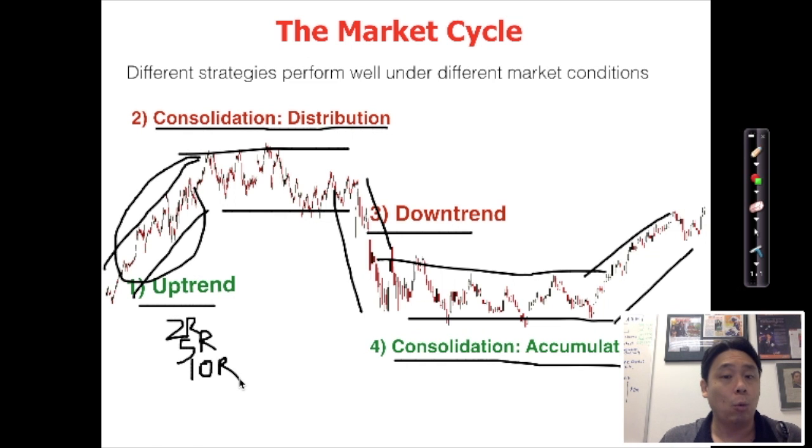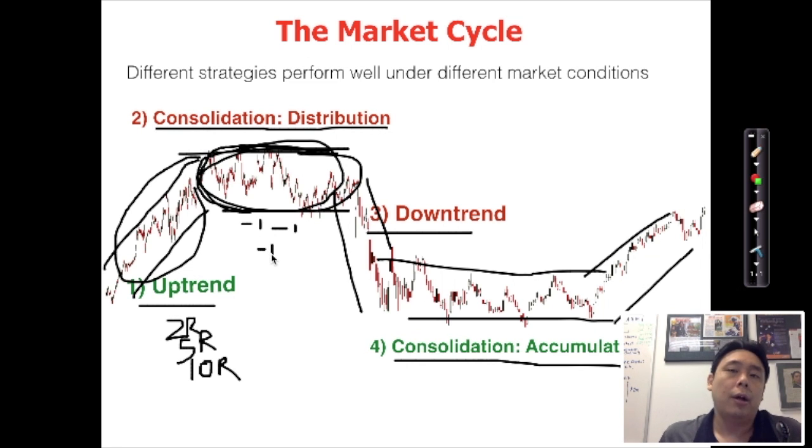But guess what? After a while, when it goes through this phase, you find that your trend following doesn't make money anymore. You start to get frustrated. You break even, minus 1R, minus 1R, minus 1R. Okay, and what happens to some people is that once they start to lose some money here or not make money anymore, they start to think that the strategy doesn't work anymore.